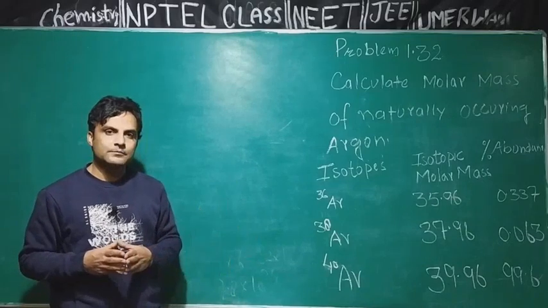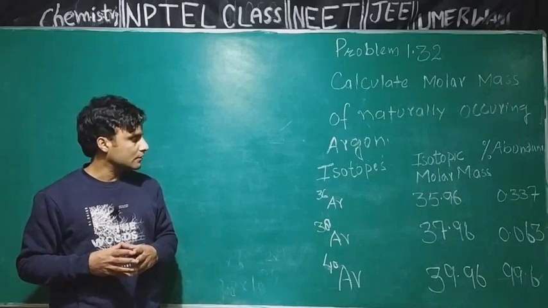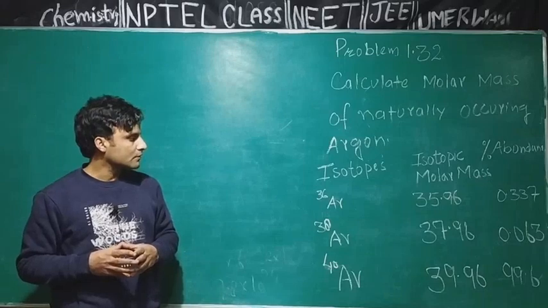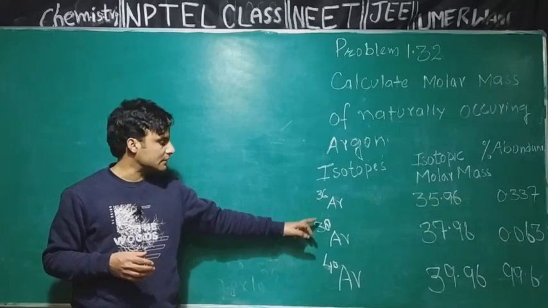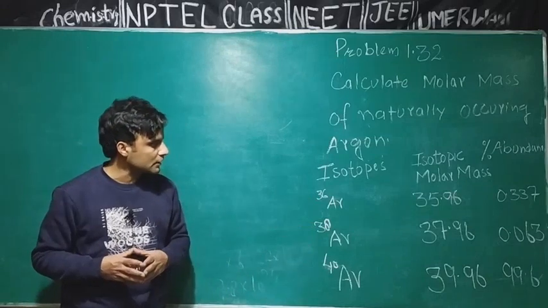They have the same atomic number 18, but their atomic mass number or molar mass is different. For one isotope it is 36, for the second it is 38 and for the third it is 40.